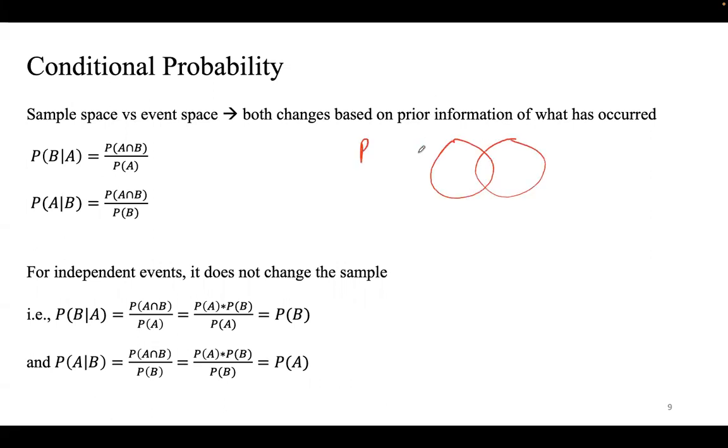So let's define this in terms of that dice roll with a single dice. Event A is an even number. Event B is that the number has to be greater than or equal to 4.